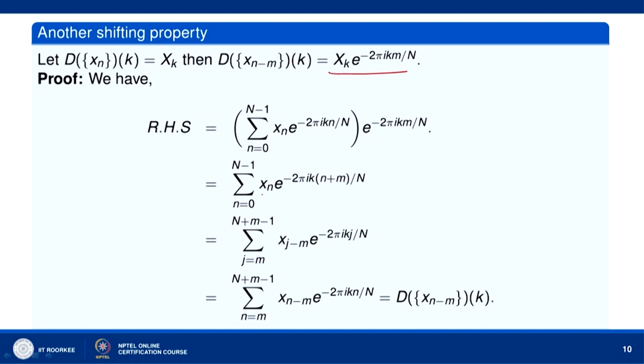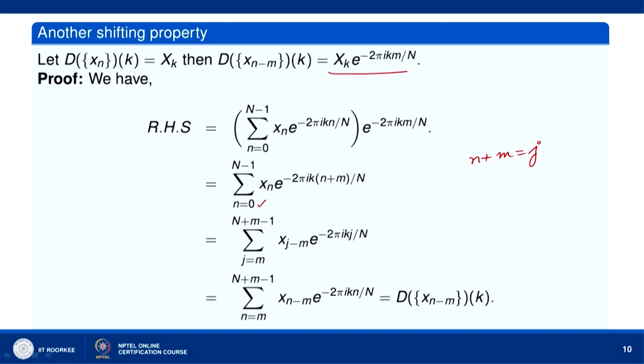So, I can bring it inside: sigma n equal to 0 to N minus 1 x_n e to the power minus 2 pi i k (m plus n) divided by N. Okay. And so, let us now replace n plus m by j. When we write n plus m equal to j, then n was earlier equal to 0, so now j will be equal to m, and n was equal to N minus 1, so j will be N plus m minus 1.